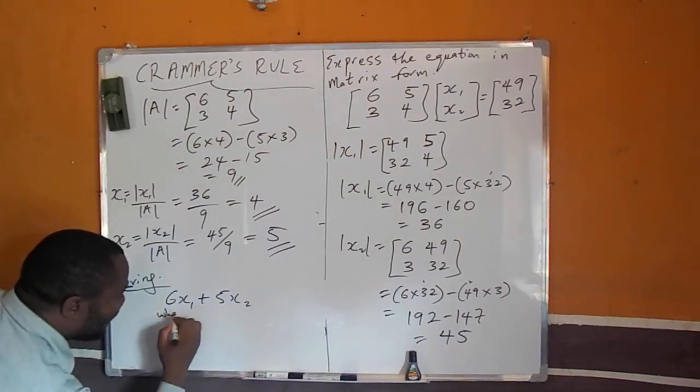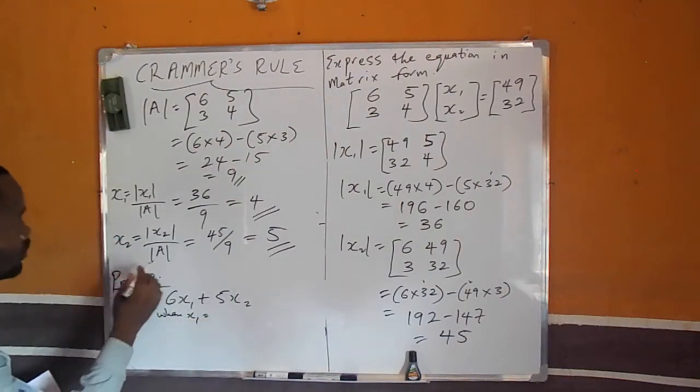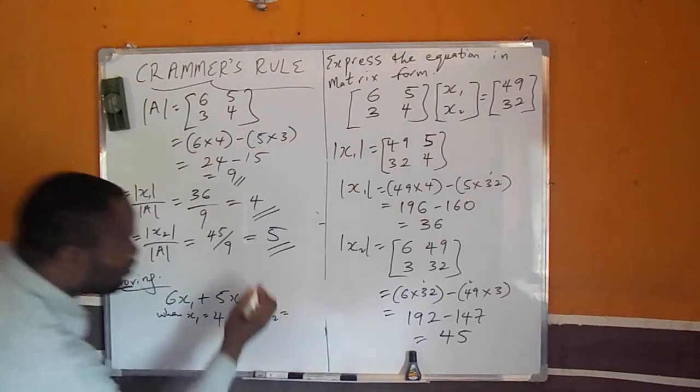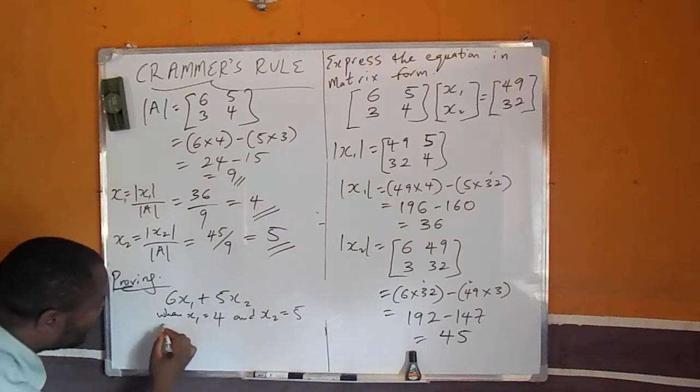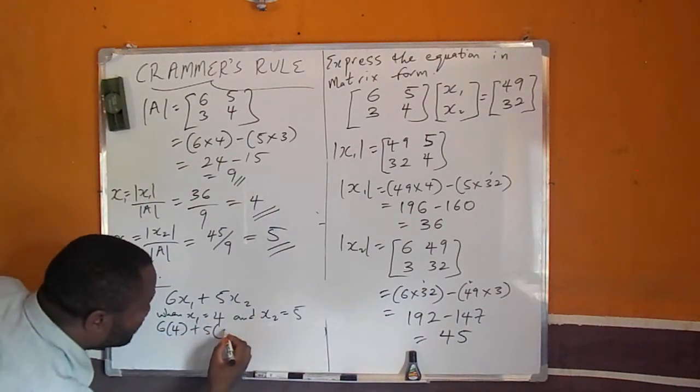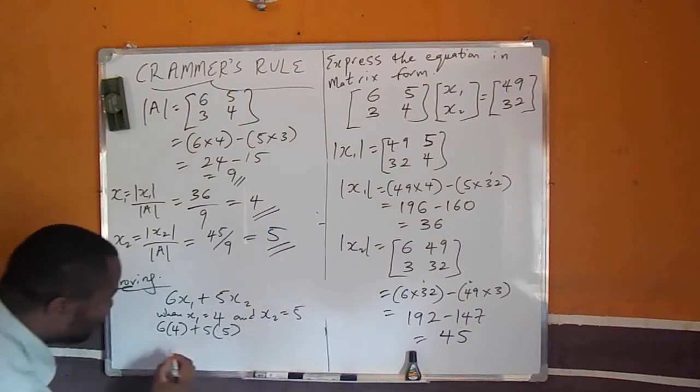You now say when x1 equals 4 and x2 equals 5, we have 6 bracket 4 plus 5 bracket 5.